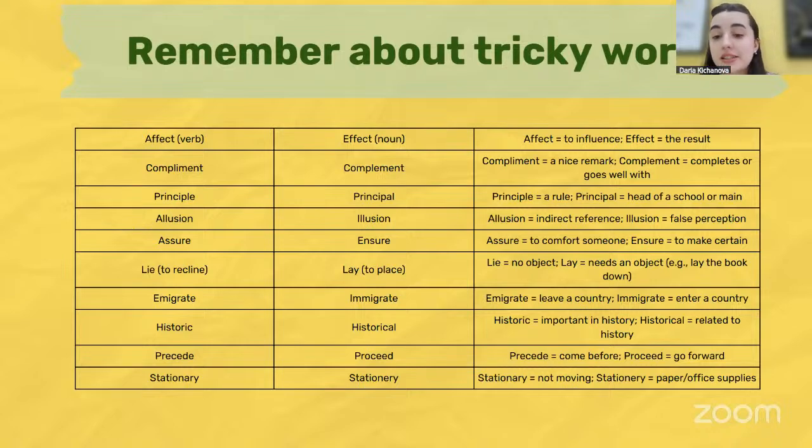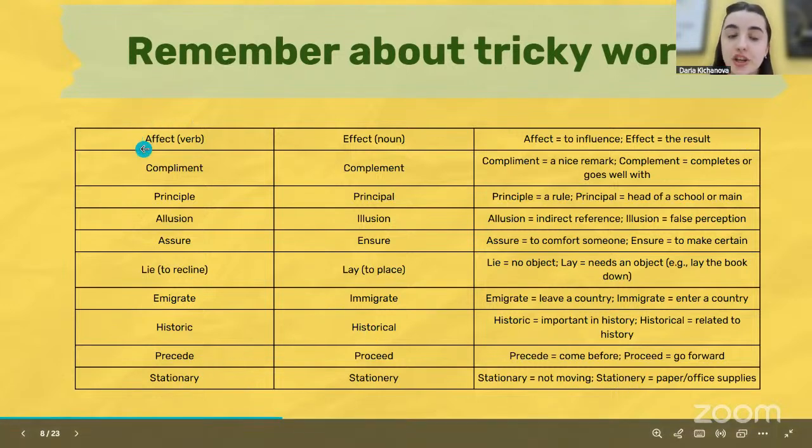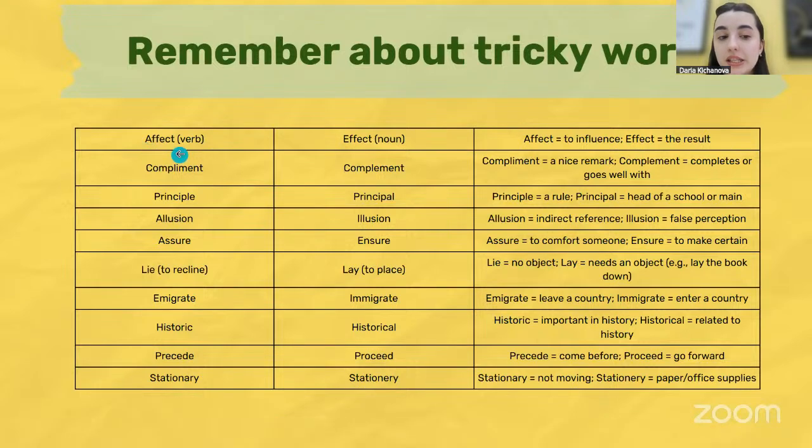So let's start with the first pair of words, and this is the word affect and effect. Pay attention that when we use the word with the letter A, it is a verb. For example, it affects a lot of people, so it influences a lot of people.